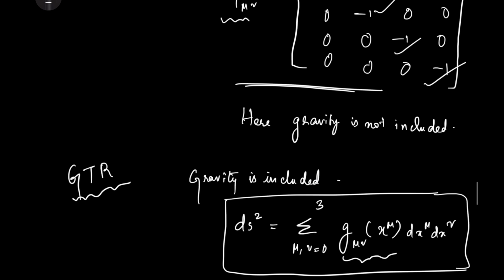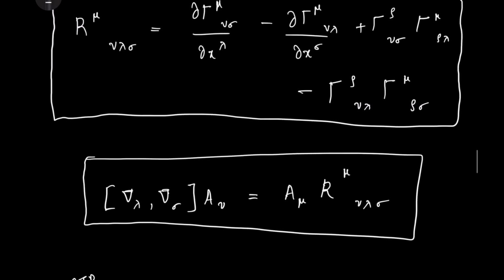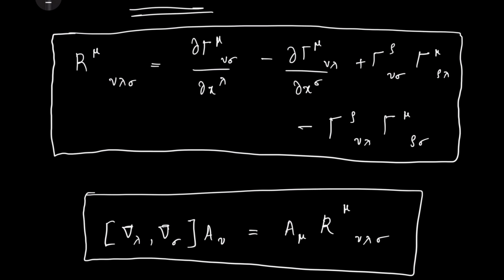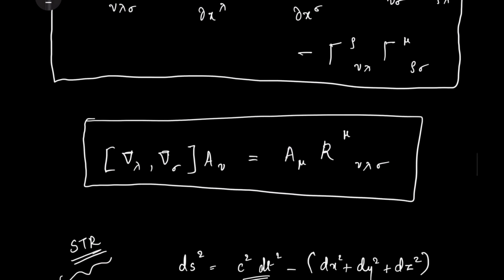So that is the importance of the Riemann tensor R mu nu lambda sigma. Okay, so R mu nu lambda sigma is a mixed tensor of rank 4, and that describes how the geometry of a space changes at different points. It measures the non-commutativity of the second derivative of the vector field, and that is how it captures the curvature. So how do you know that the given space is curved?